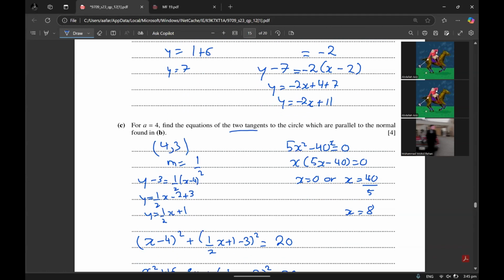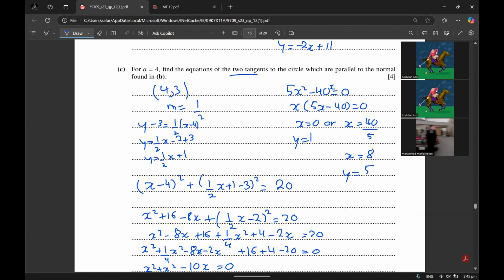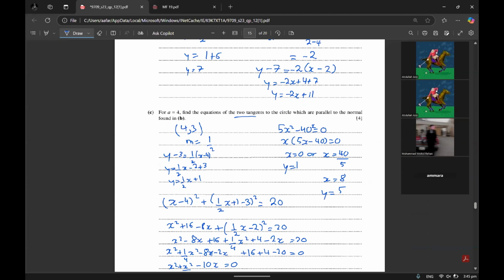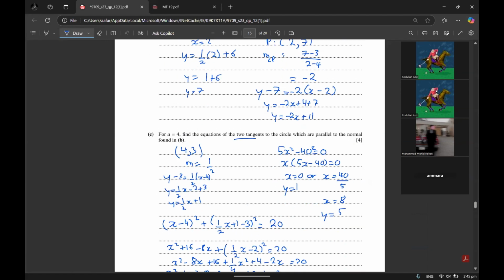From here we just need to put these x values into y. So over here y will be 1. Over here y is equal to 8 over 2, 4 plus 1, 5. Now we just make the two equations separately. So at the tangents, they will have the same gradient as this, right?